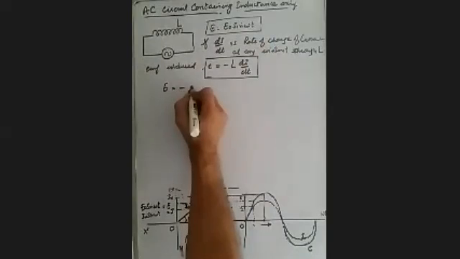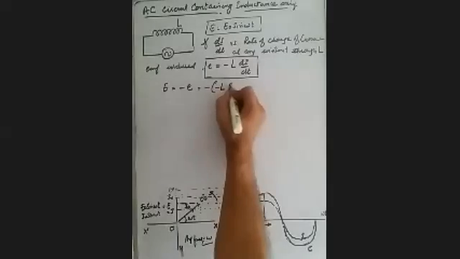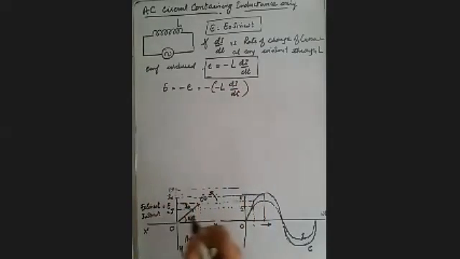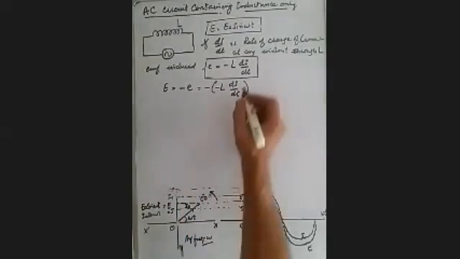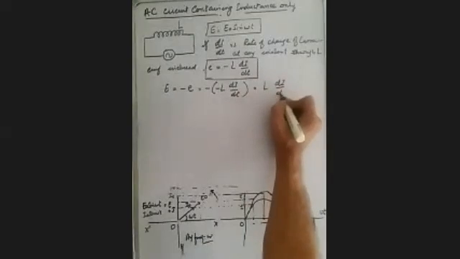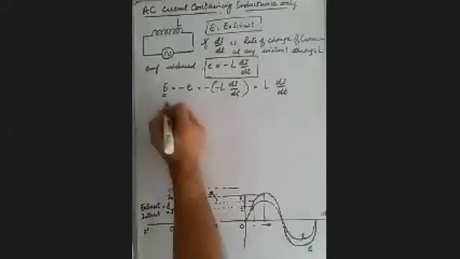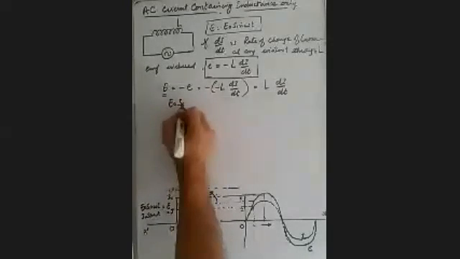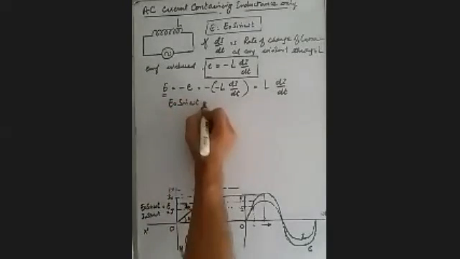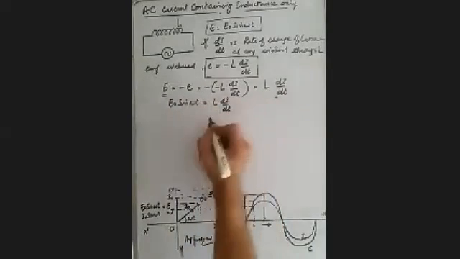So it should be minus E, which is equal to minus L di by dt. So it is equal to L di by dt. And this is equal to E naught sine omega t, which is equal to L di by dt.